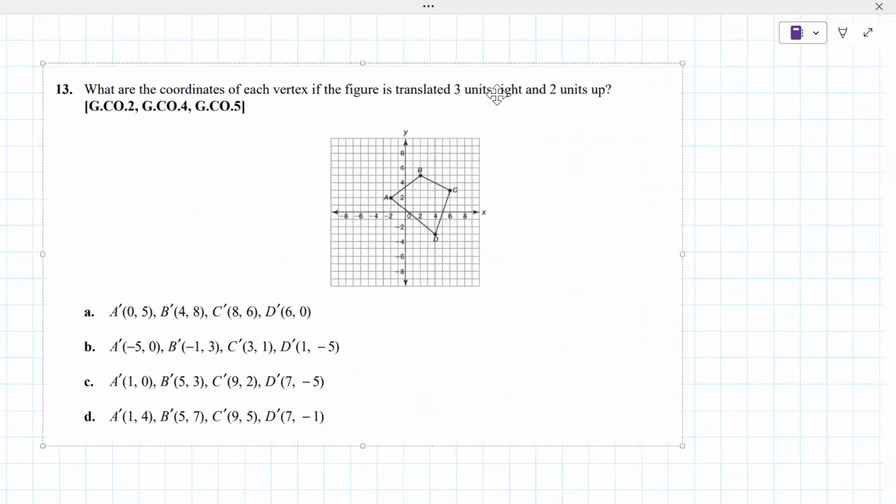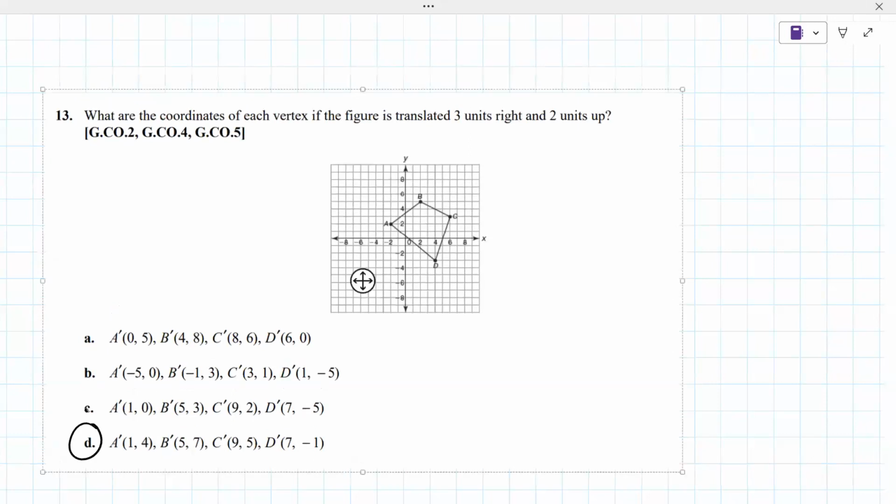Yeah, 3 units to the right, so 2, 5, so 5 and 5, 7, 5, D. This is B. This is D. Very good.